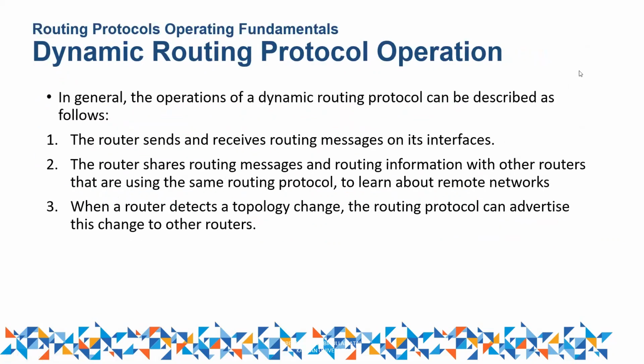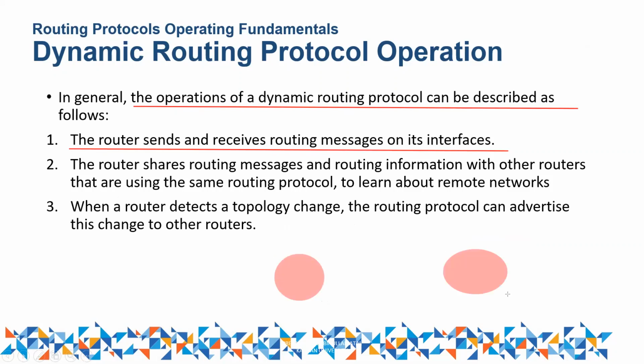In general, the operation of a dynamic routing protocol can be described as follows. The first step: the router sends and receives routing messages on its interfaces. Dear students, let's assume I have two routers, for example this router and this router. This router has an interface, and the interfaces are connected to each other with a twisted pair cable.